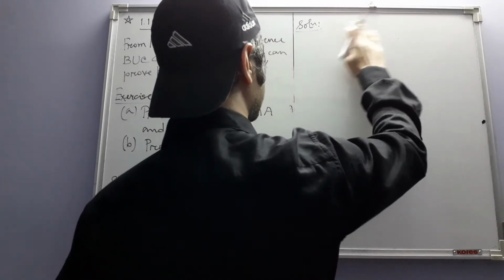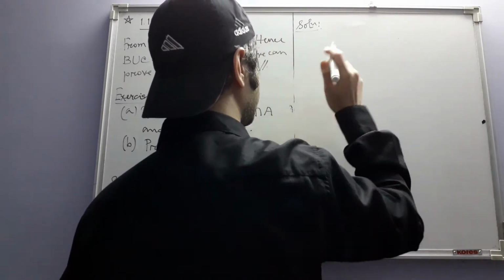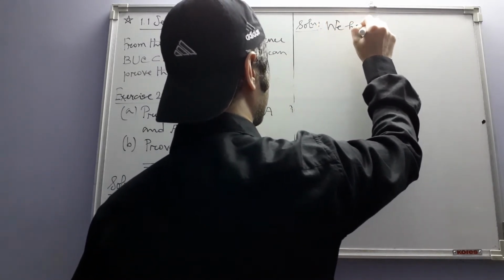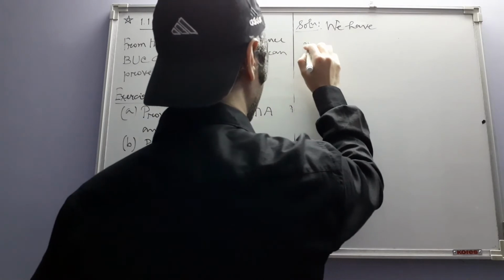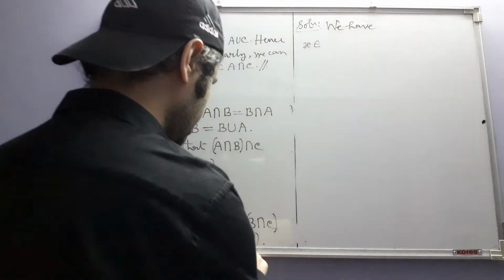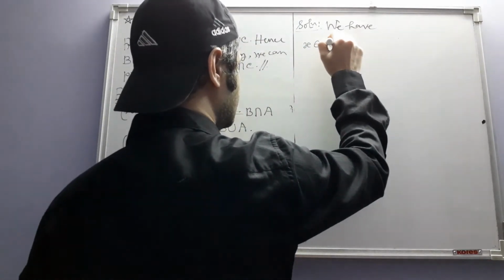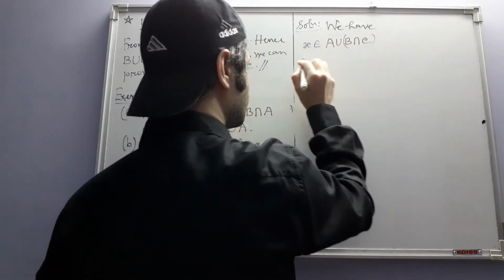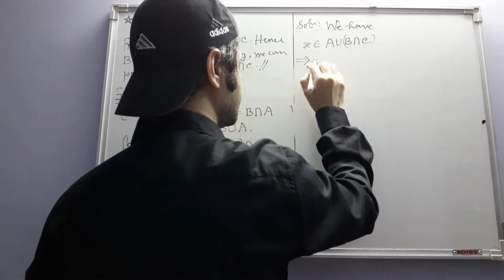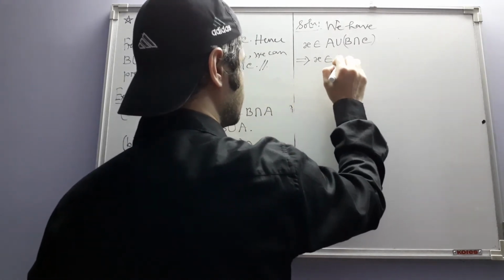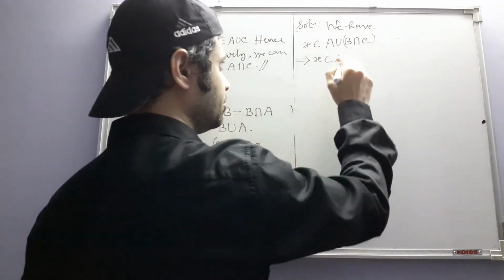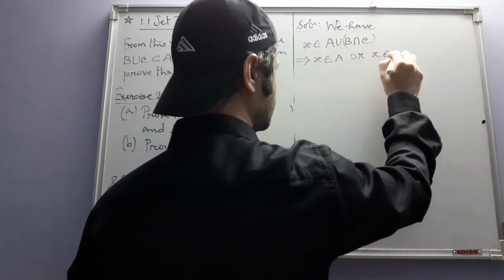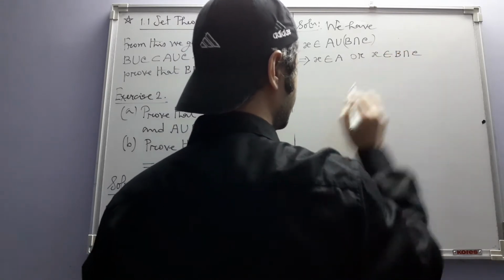We have X belongs to A union B intersection C. Implies X belongs to A or X belongs to B intersection C, by the definition of union.